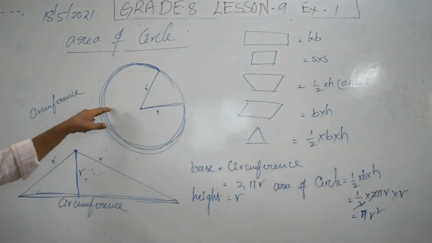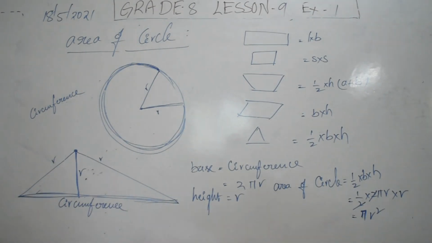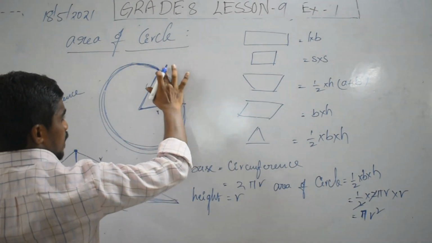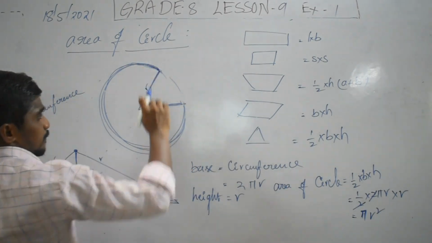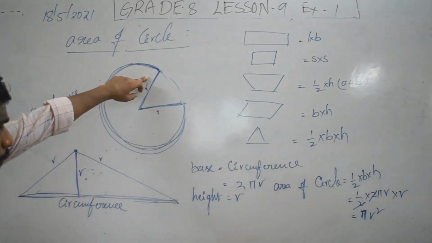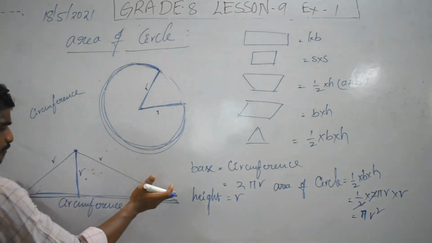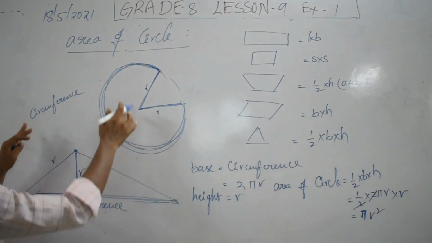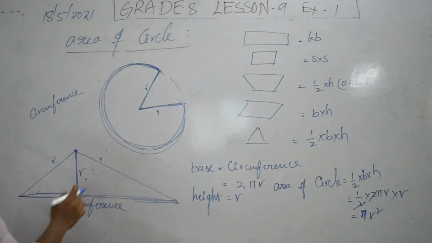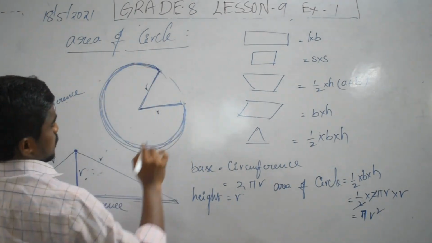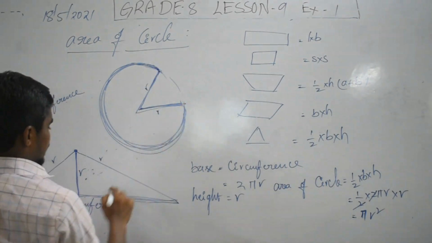Area of the circle is pi r square. So this is one circle. This circle we take like a bisector, and we convert it like this. Next we fold this as it is. So now these all are the base, like a circumference. This is a radius.